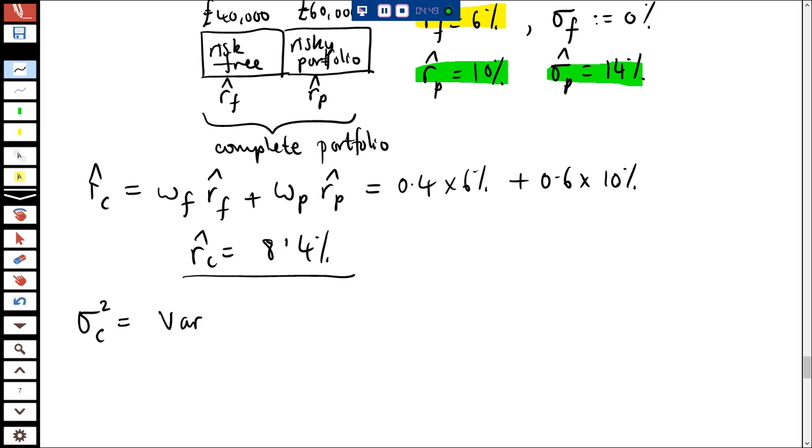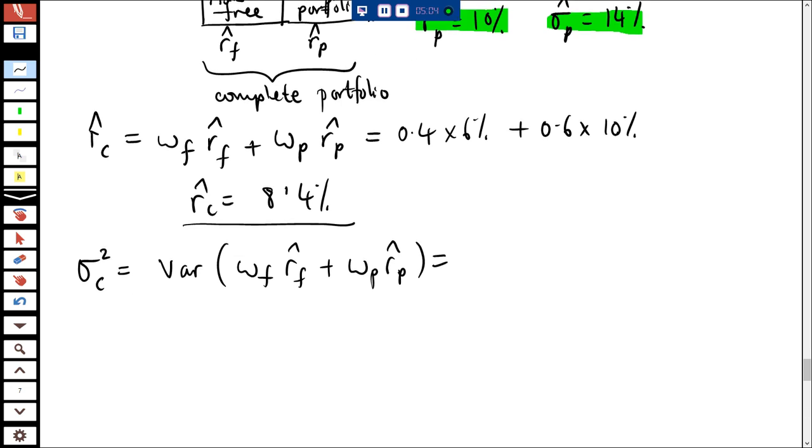So it's the variance on this value. Well, this is the same as just using the rules for the variance. The constants go to the front and they get squared. So this is just a property of the variance. Probably doing too many steps here, but that's fine.